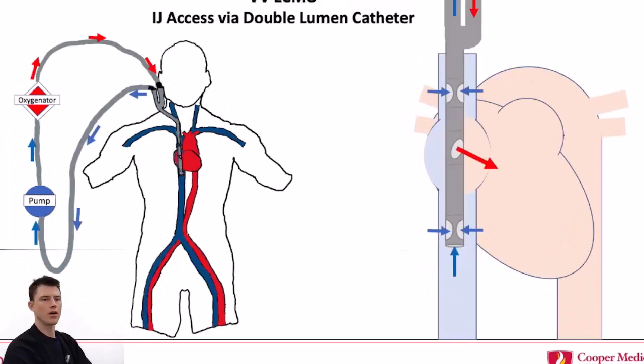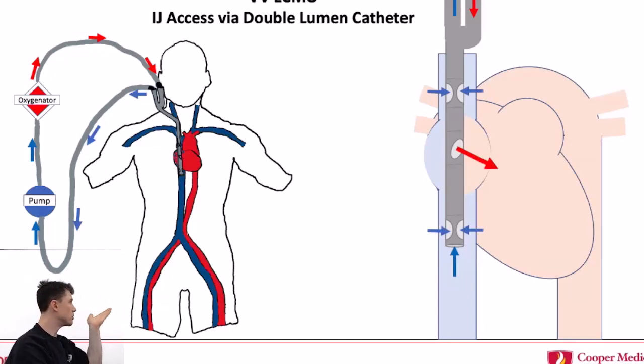And then we also have the dual lumen cannulas. You may have heard the term Avalon cannula. It's a brand name. There's also the Crescent, and there's another one on the market. What these are is all in one thing. They have different holes for the different lumens, for the drainage and the return. It's all packaged in one thing. It comes through the right IJ and then traverses the right atrium across the superior and inferior vena cava.